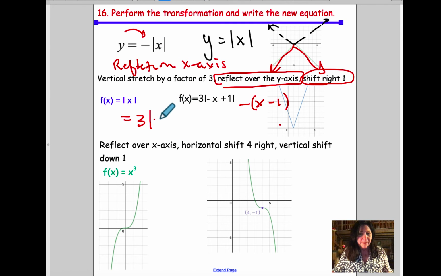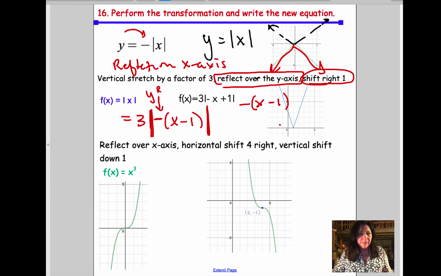What we really are doing is saying the opposite, because that is my y reflection right there, that negative sign inside my parent graph. And so that would be x minus 1 and then absolute value. So that would be my parent function, reflection across the y-axis here, shifting to the right 1. And so what you're seeing here is just like that final graph, as if I took that negative sign and distributed it through. All right.